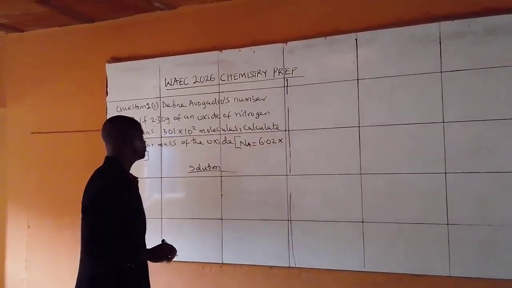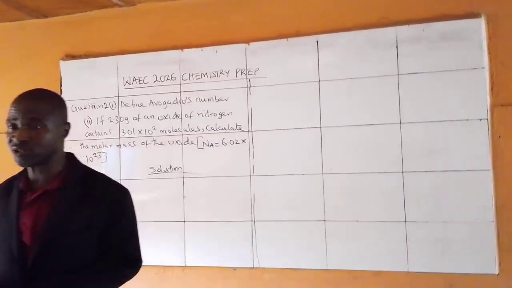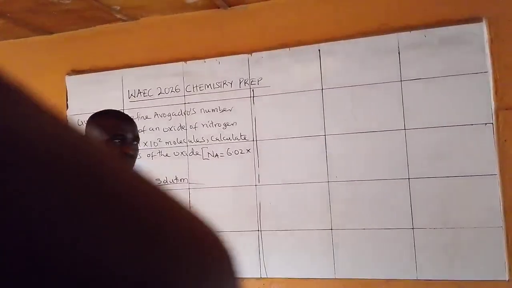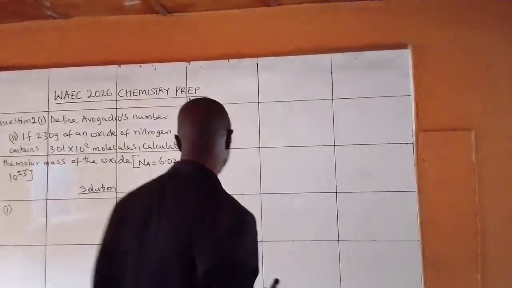For Roman figure 1, Avogadro's number can be defined as the number of particles present in 1 mole of a substance.